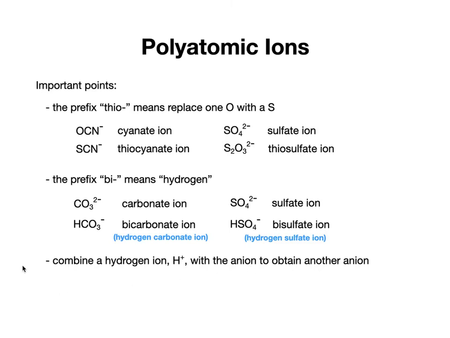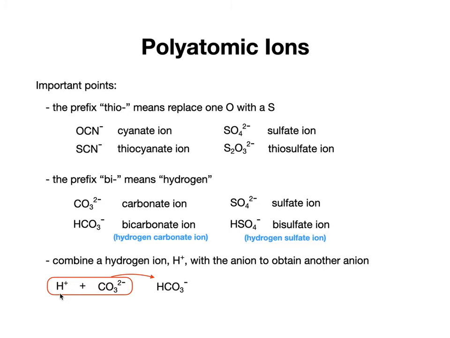So if I take the carbonate ion and I combine it with a hydrogen ion, this is what I get. I not only put a hydrogen there, but what do I do to the charges? I add the charges together. Okay, I've increased the charge by 1. That's the bicarbonate ion. Okay, you know where we get hydrogen ions in the lab?